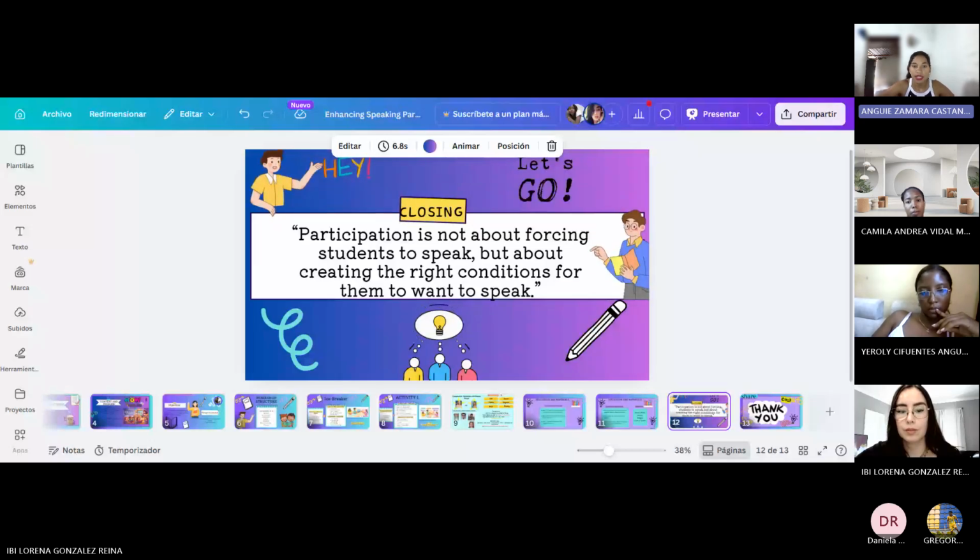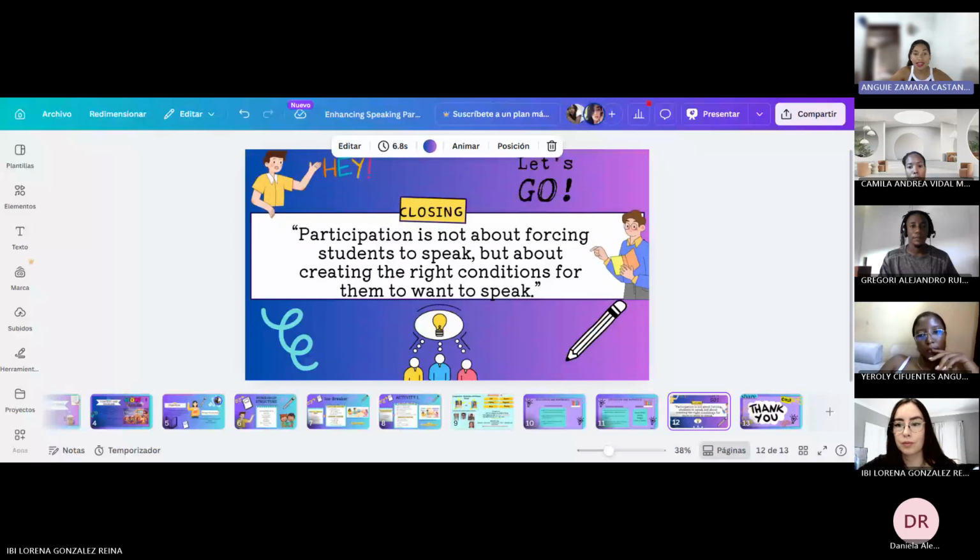It is a fact. These strategies can be used in both virtual and face-to-face classes or environments. They also work well even when there are limited resources. In the end, the key is to focus on communication and create a positive environment where students feel confident to practice speaking and express themselves freely in class.